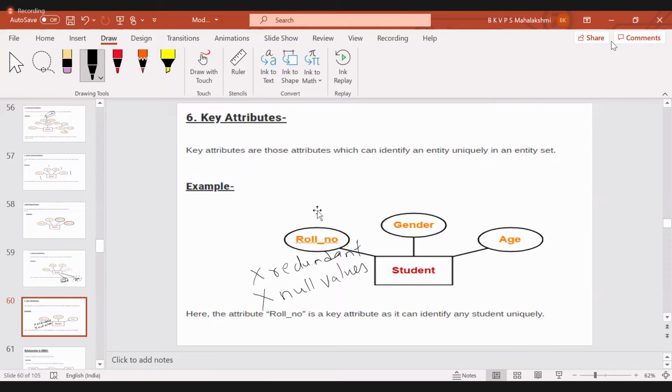No, ma'am. Everybody has a roll number, right? And no two students have the same roll number. So if we know a particular student's roll number, then I can get the other information also. Hence it is a key attribute. The representation is the same diagrammatically, but we should put the underline for the key attribute.